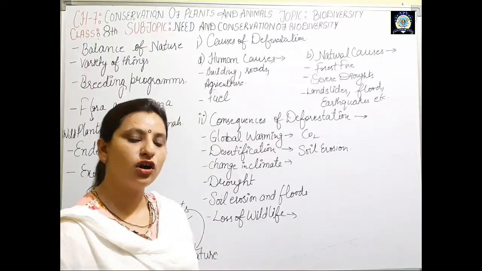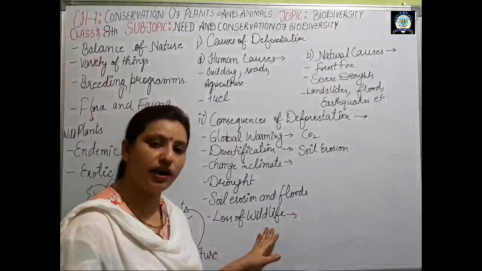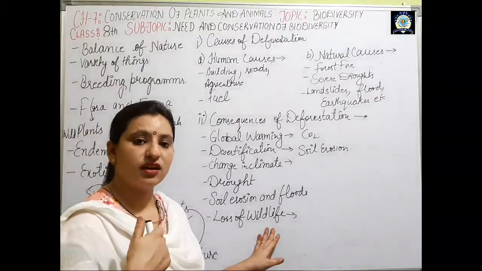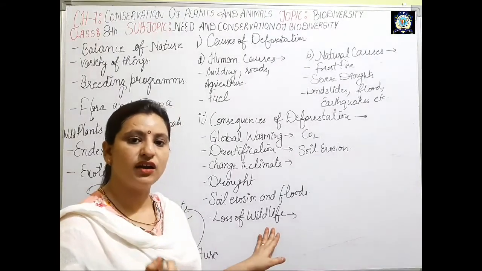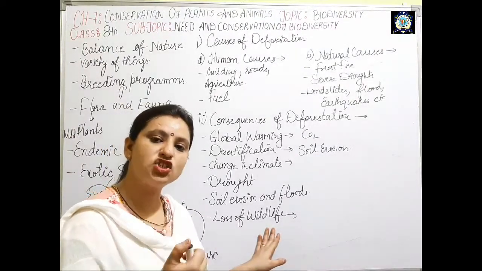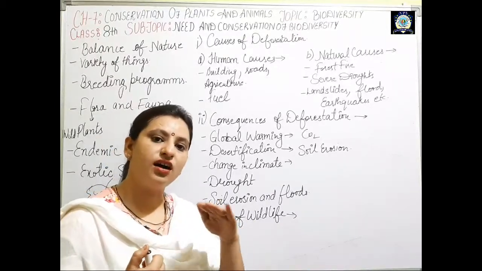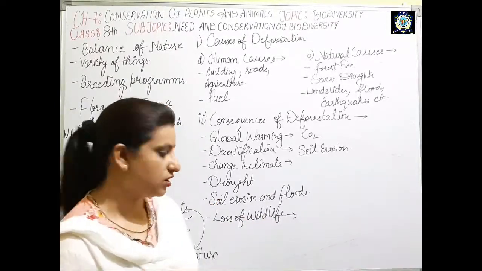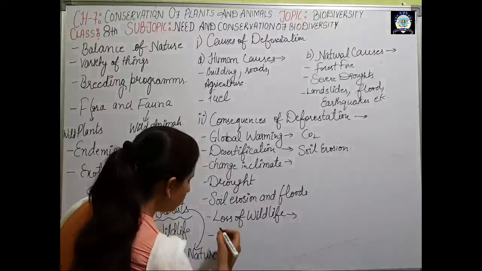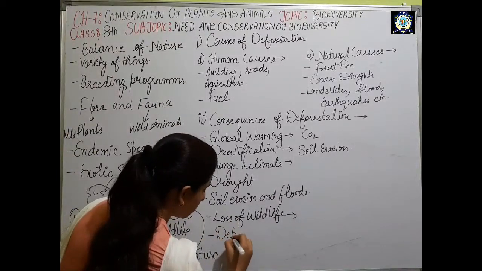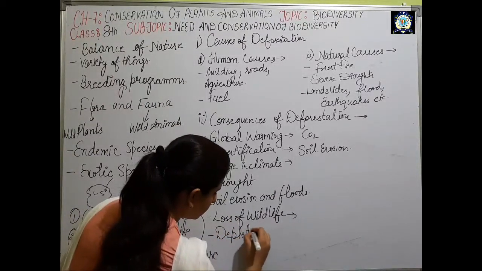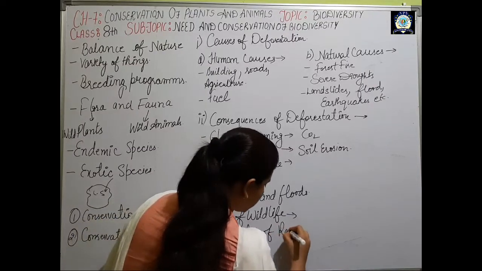So all in all, it is leading to loss of wildlife, or the conditions can be so severe that it will lead to extinction of some species, or some species may be at the verge of extinction. The last one is depletion of resources.